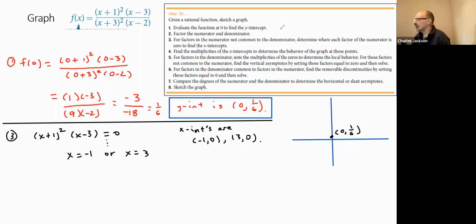Because, for example, if you put 3 right there, then you have 3 minus 3, which is 0. 0 times anything is 0, and you have the truth. Well, we now have 2 more points that we can plot. -1, 0 and 3, 0.